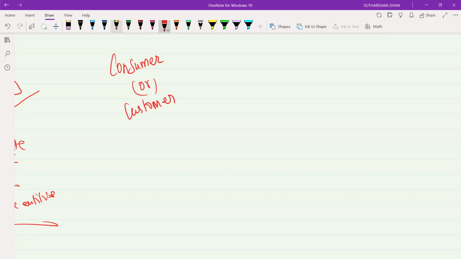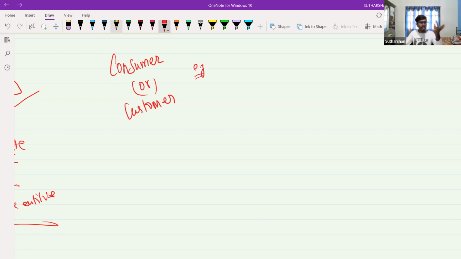In some cases, both may be the same person. Can you give an example for it? Every student, nearly six students will be there, you need to understand the concept. A person buying goods for himself.